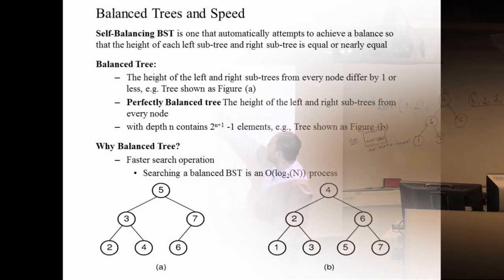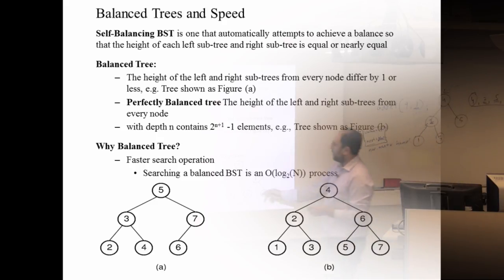And from this, we get two kinds of balanced tree. We have a balanced tree if the height of the left and the right subtree from every node differs by 1 or less than 1. So in this case, the tree shown in figure A is a balanced tree. But you will get a perfectly balanced tree if the heights of the left and right subtrees are equal at every node.